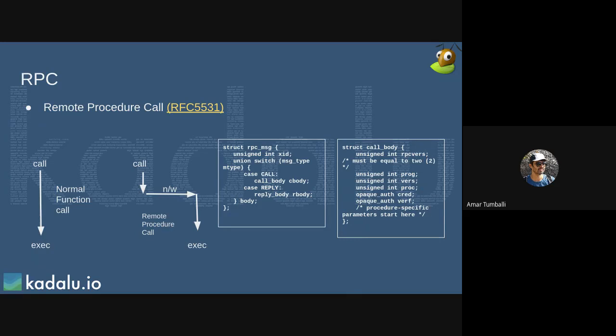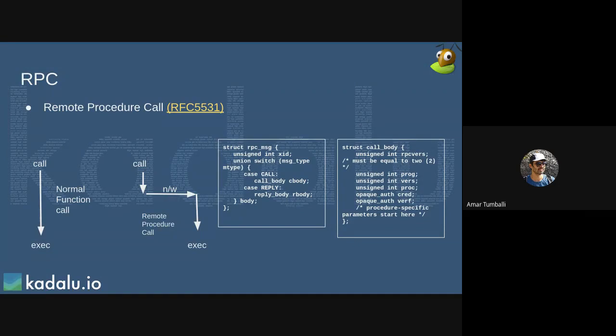To give a very top-level, or say 10,000 feet overview: in a regular function call or procedure call in a computer system, you call a function on a machine, it gets executed and you get a response back in the same process. Whereas in a remote procedure call, you call, there is a network, the call gets executed on a remote machine and the response comes back to you.